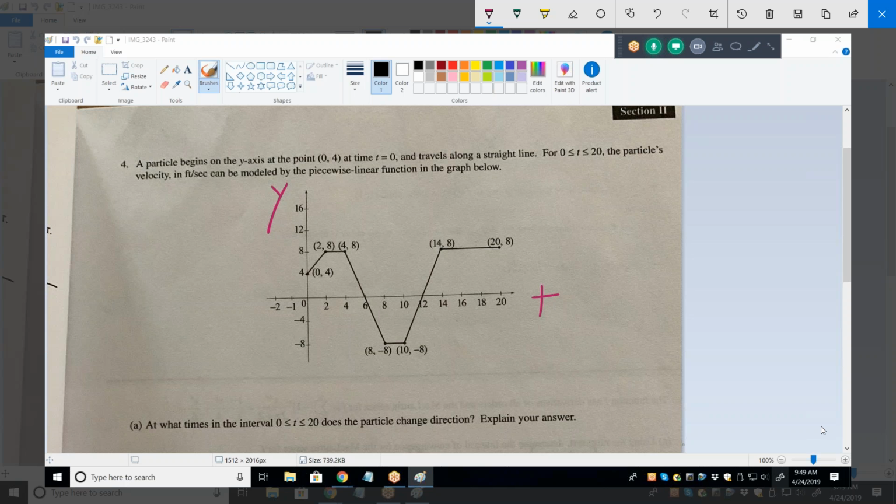In other words, its speed starts out at 4 feet per second from that point, (0, 4). And then its speed gets up in the first 2 seconds to 8 feet per second.